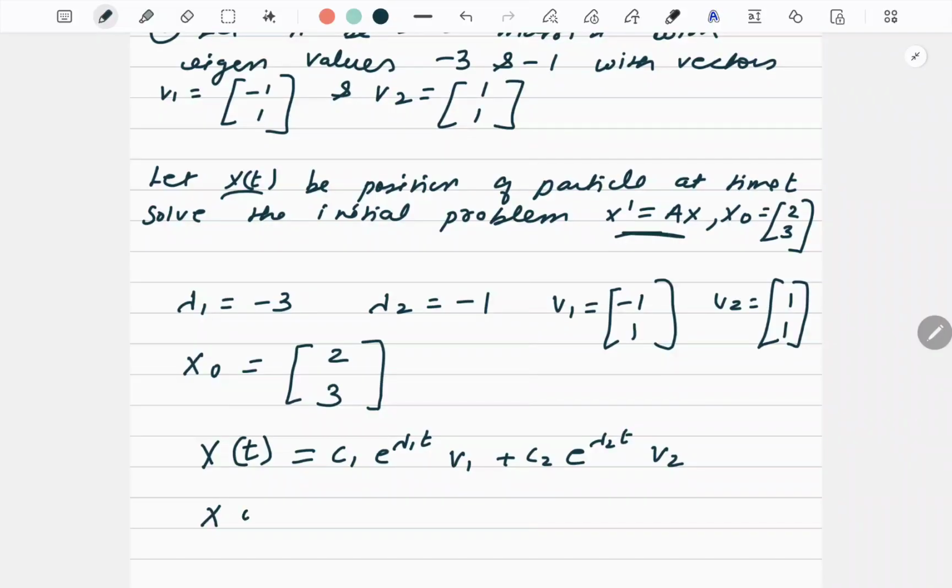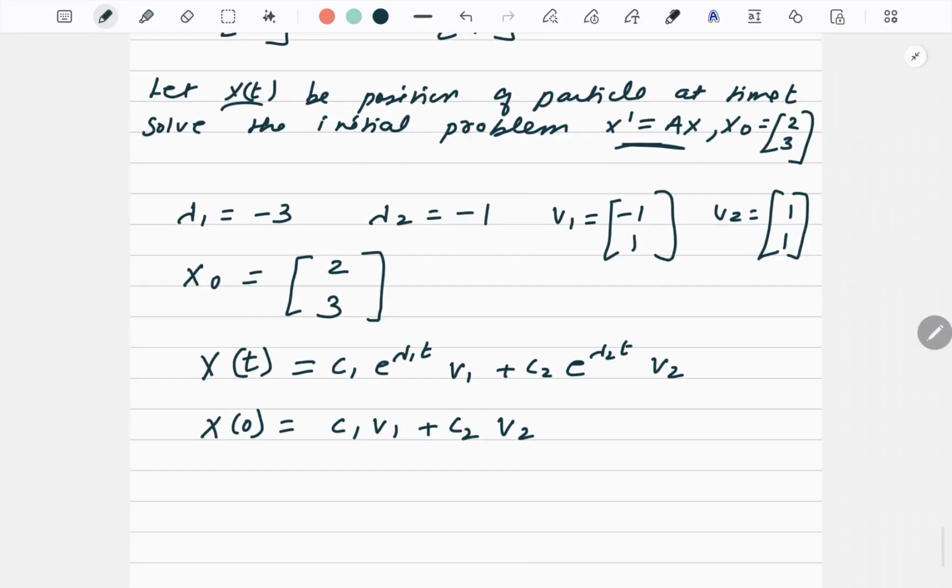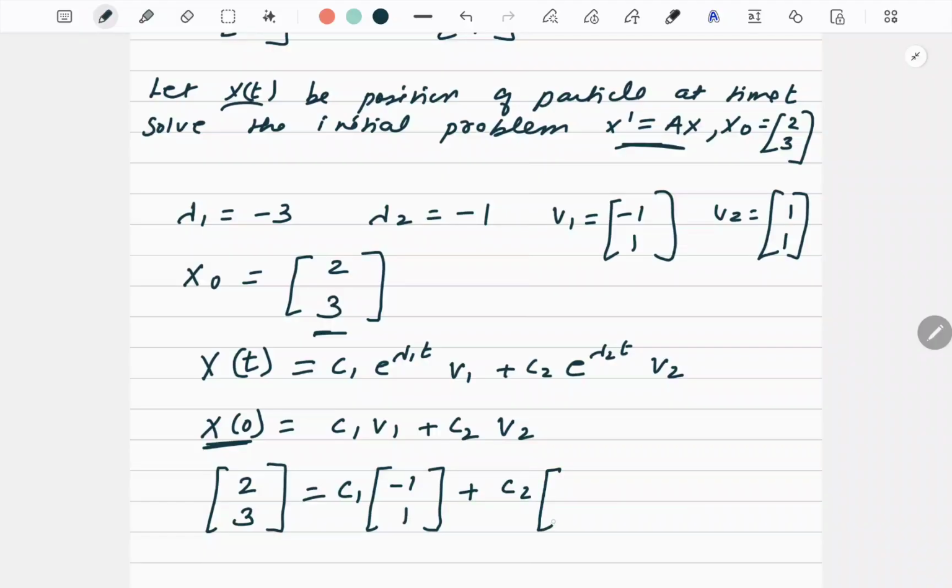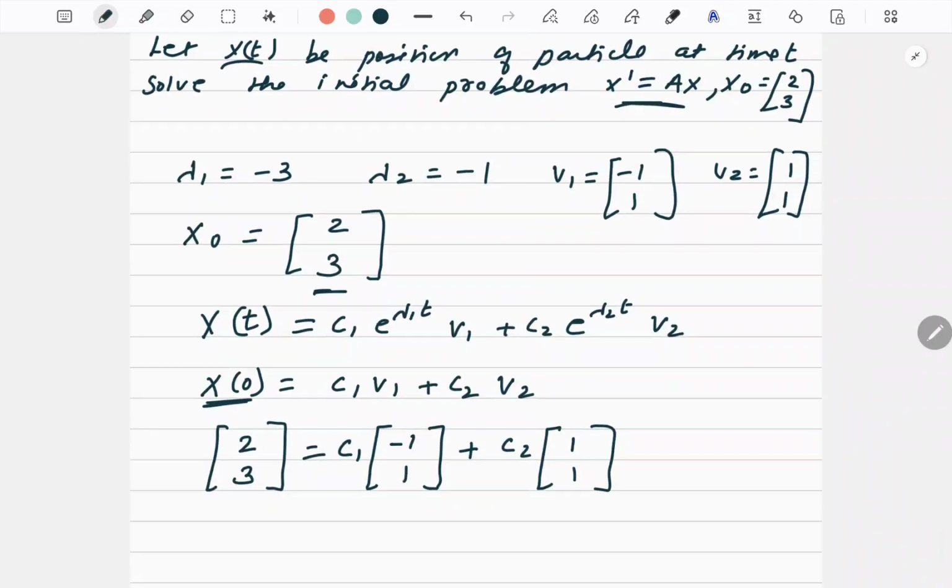Now in the beginning at x0, when t is equal to 0, this will become C1, e to the power 0 is 1, so C1 V1 plus C2 V2. Now they have given that the x0 value is (2, 3). So let me put (2, 3) is equal to C1 times V1, which is (-1, 1), plus C2 times V2, which is (1, 1). Right?